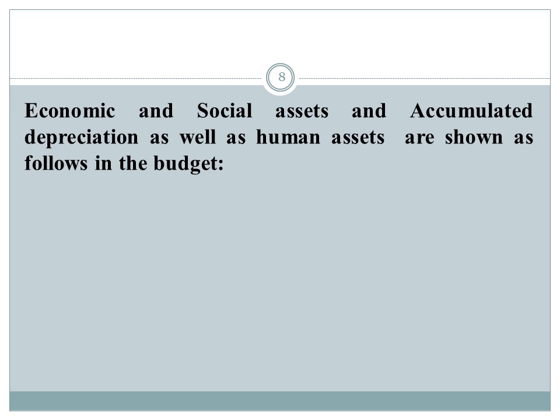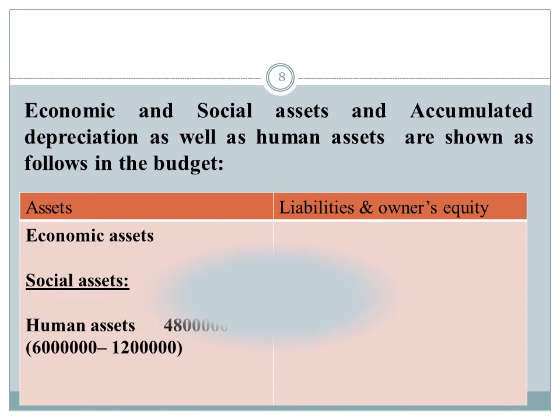Another statement, the budget or balance sheet. Economic and social assets and accumulated depreciation as well as human assets are shown as follows. On the left side, assets, on the right side, liabilities and owner's equity. Assets consist of economic assets, social assets, human assets.